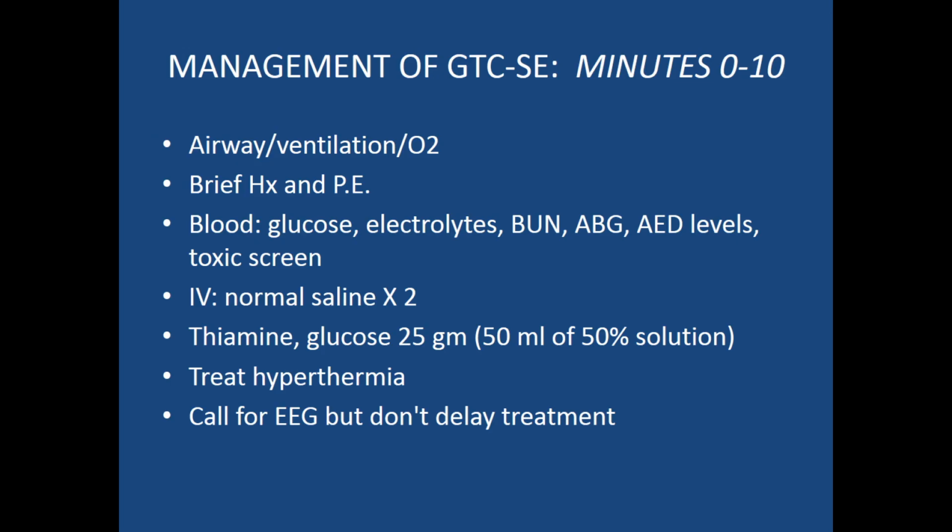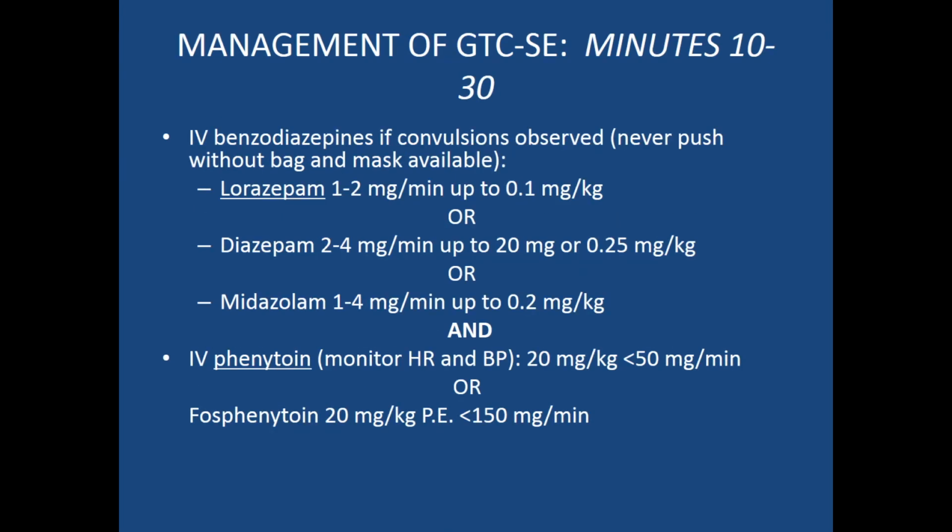We want a certain amount of blood work to be performed, 2 intravenously placed, and the patient to be given thiamine, glucose, and the treatment of hypothermia. And we call for an EEG to be performed, but we don't delay in the treatment for that particular study. We just treat the patient.